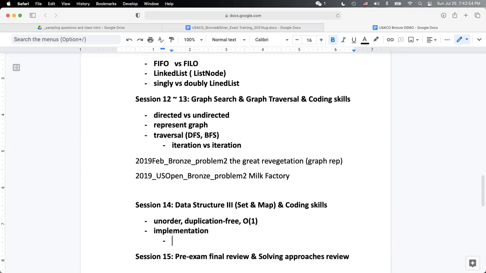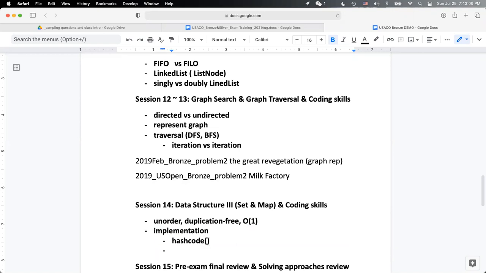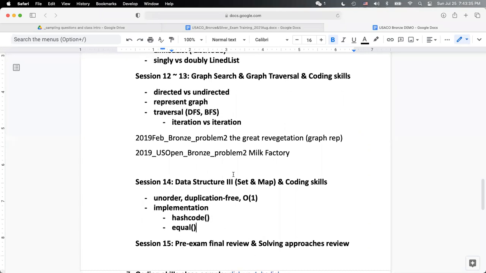Starting from here, we need to know how the hash code is implemented and how the equals method is overridden, because those are important when you set up a hash map or hash set on custom objects instead of integers or already well-existing data structures that already implement hash code and equals. Those protocols behind are also something we need to cover so you can be solid in later coding.